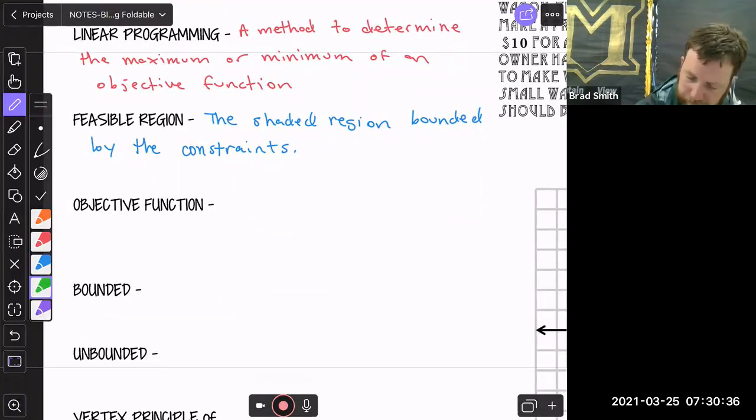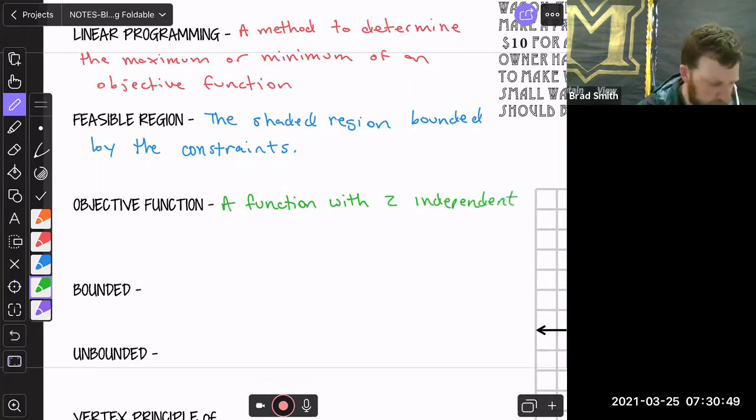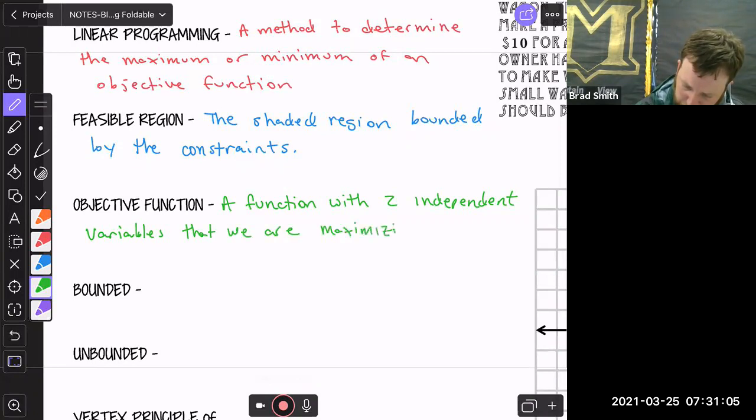Objective function. The objective function is a function with two independent variables that we are maximizing or minimizing, depending on what we are talking about in this area.